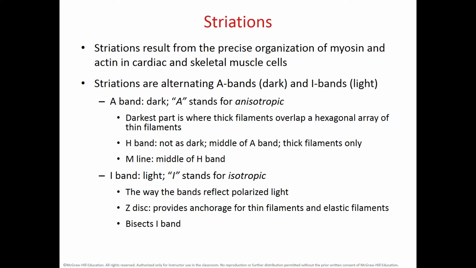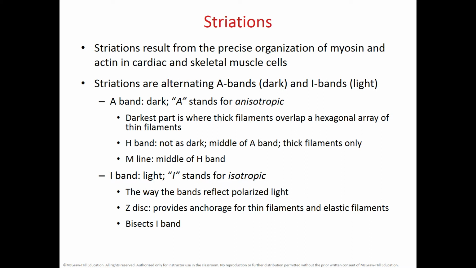So what does A band stand for? For anisotropic, which is the way that the light passes through these bands, and you can see them under the microscope. And then these A bands are surrounded in certain areas by the thick filaments, forming a hexagon. So you have 6 thin filaments surrounding a thick filament.